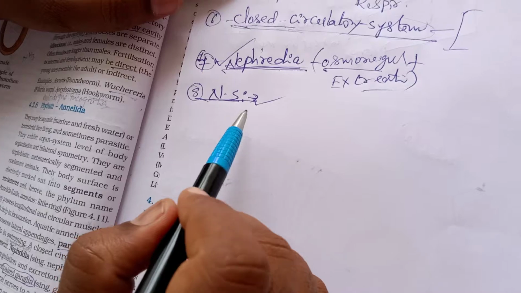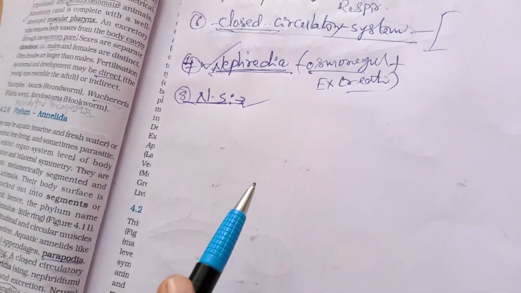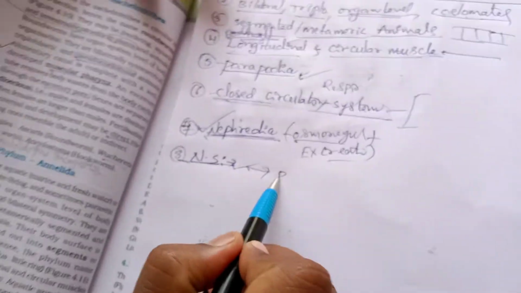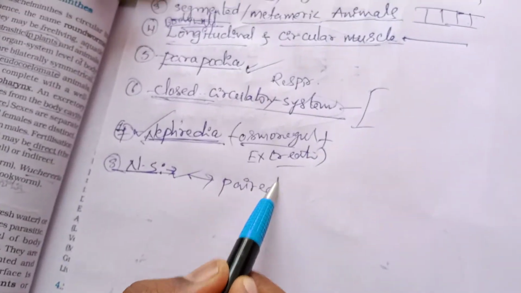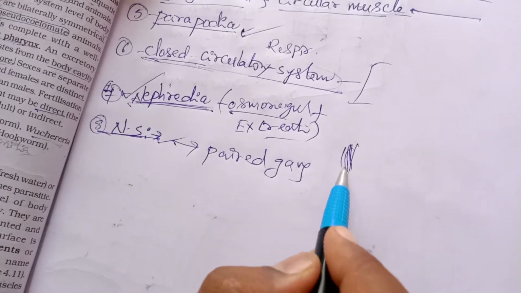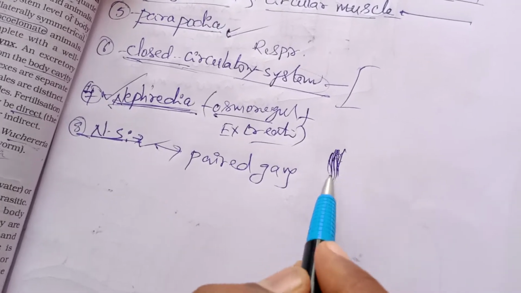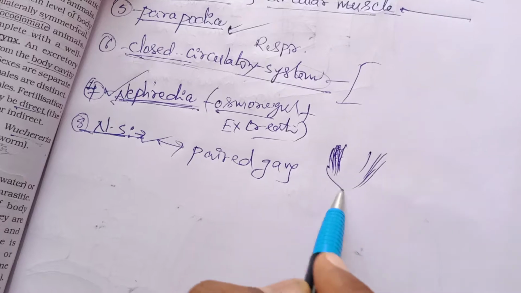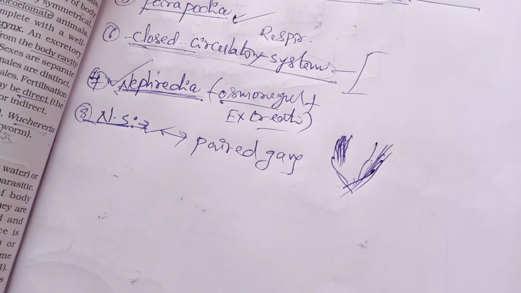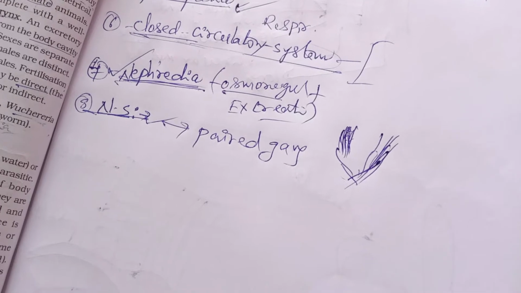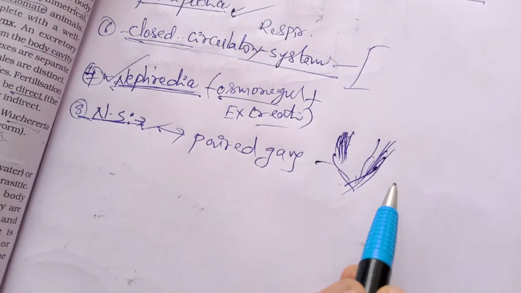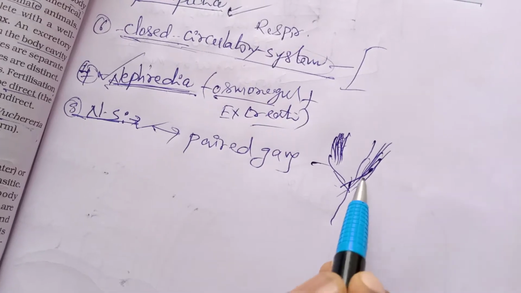The nervous system is mainly through paired ganglia. Paired ganglia means a bundle of neurons. So this we call the paired ganglia, paired with the lateral nerves and the ventral nerve cord.